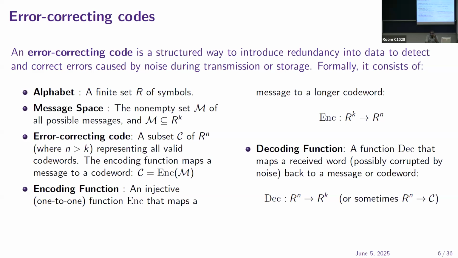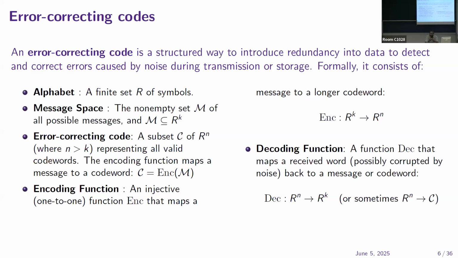The error correcting code is the image of the encoding function, an injective map from the message space to R power n.